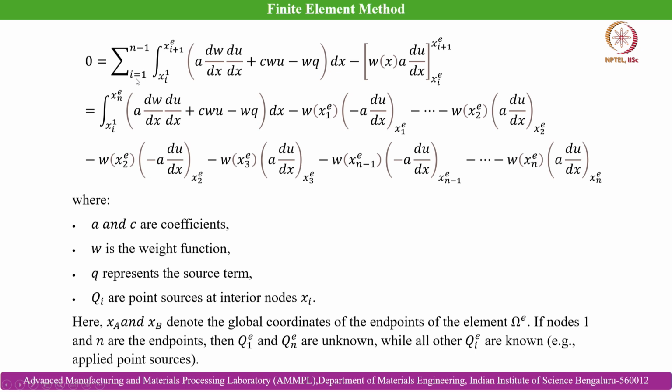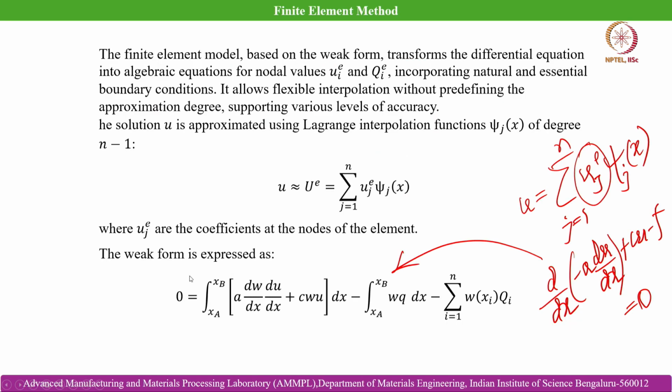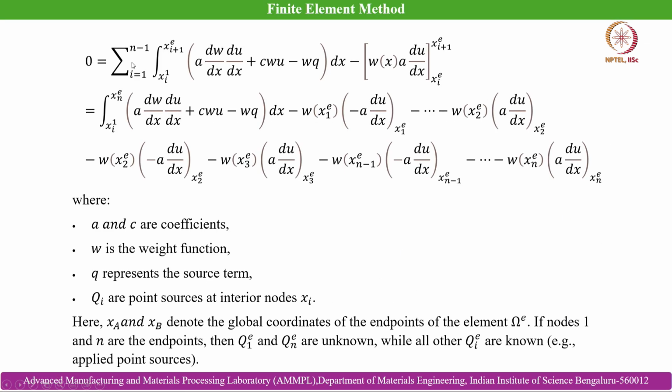So we can simplify this expression as a series from i equal to 1 to n minus 1, the integral from x_i^e to x_{i+1}^e of a dw/dx du/dx plus c w u minus w q dx, minus w a du/dx, where x_i^e and x_{i+1}^e are the limits.